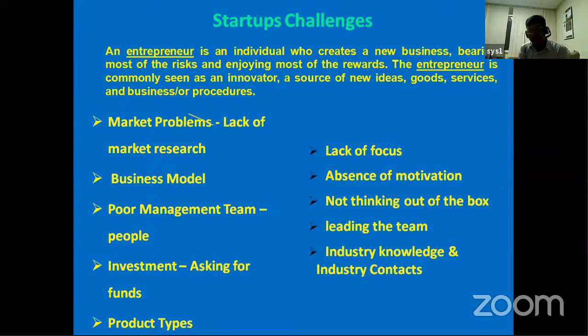Next, another important challenge is that we must know about our solar energy industry, that is, knowledge about it. You must know what information is available to start from a small business to a big manufacturing plant. And next is industry contacts. Without this, our end product cannot reach the industry.